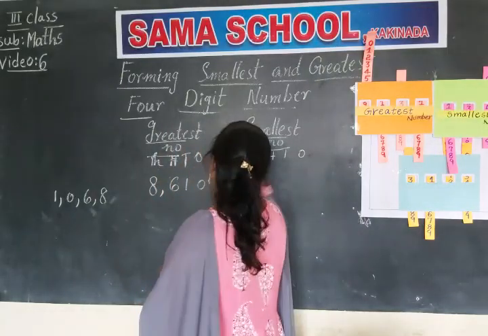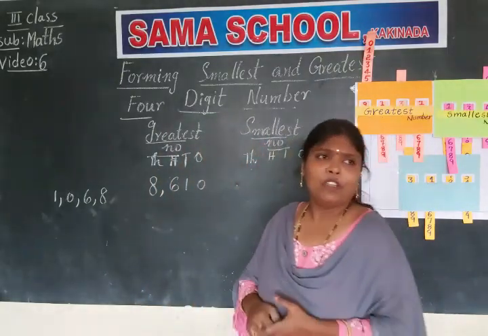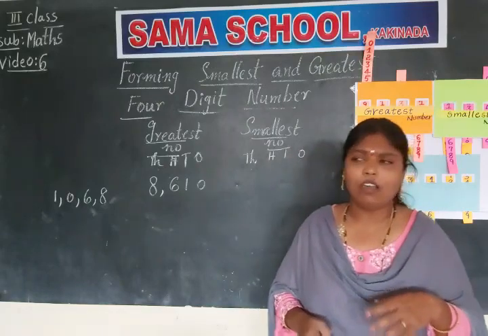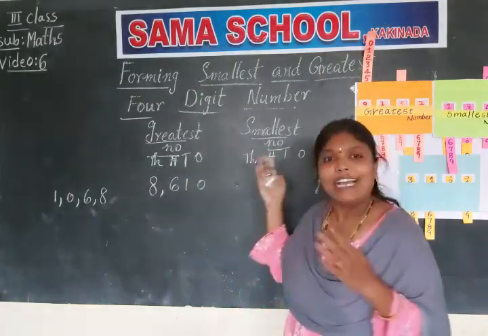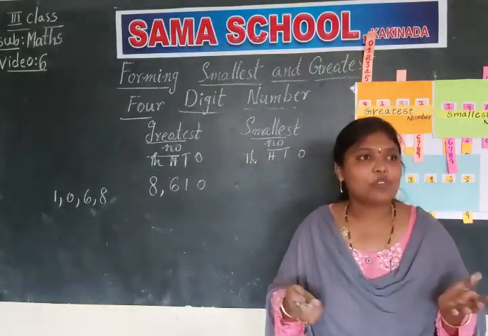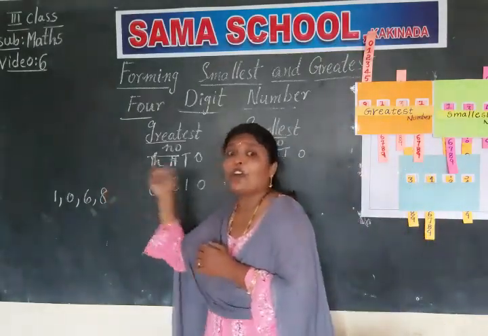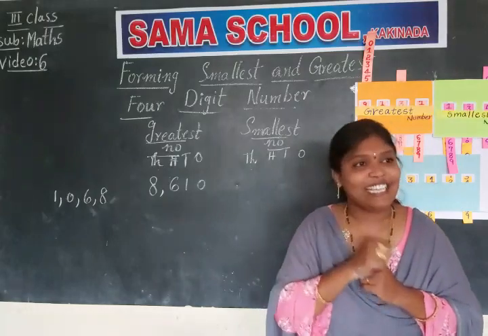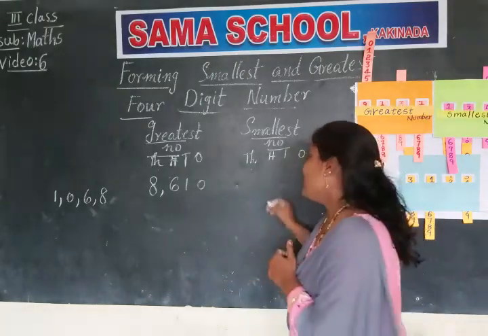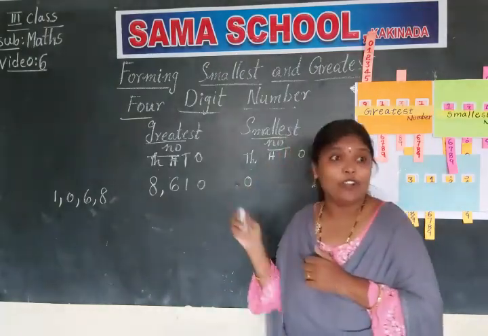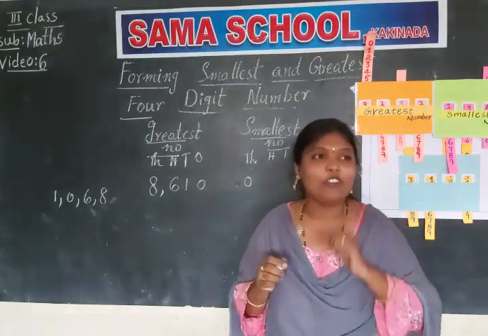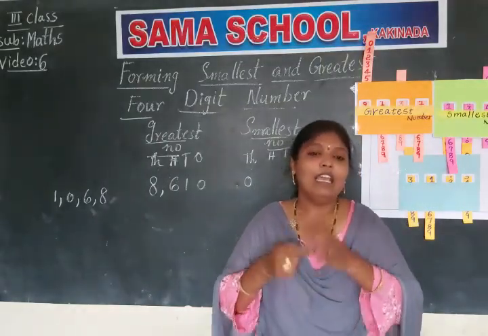But now frame the smallest number. To write the smallest number, we have to follow ascending order, that is from smallest to biggest. Children, what is the smallest digit here? 0. But can we start any number with 0? No, it is not possible.